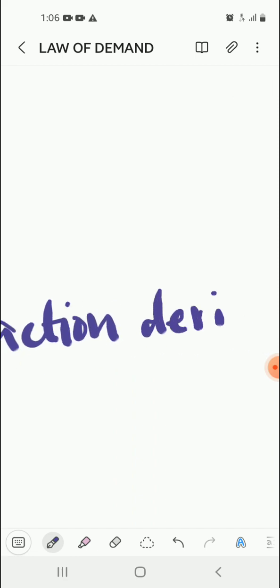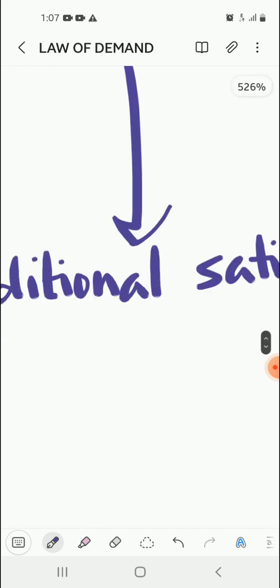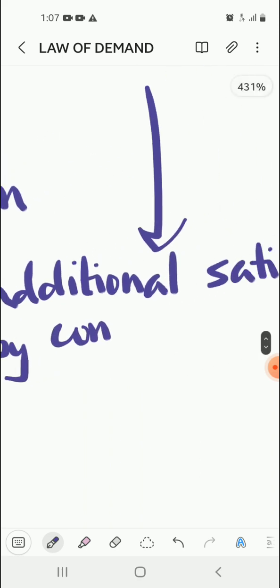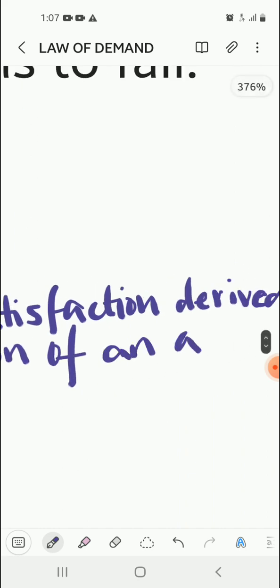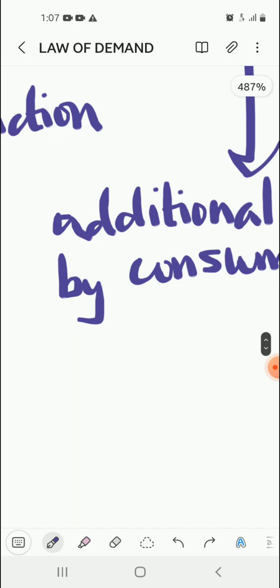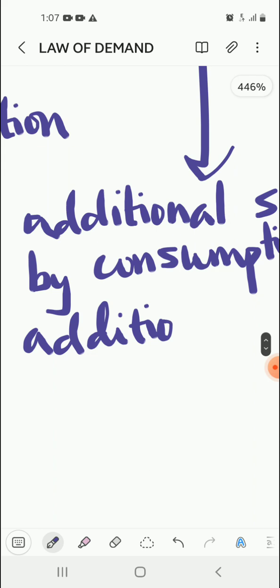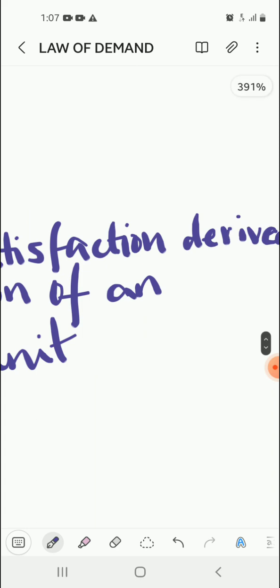derived by consumption of an additional unit of a commodity.